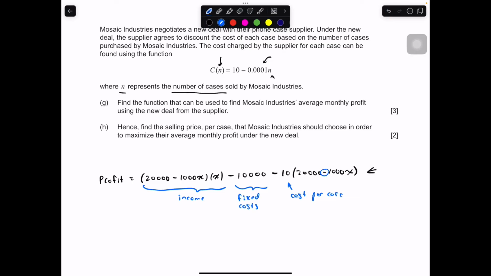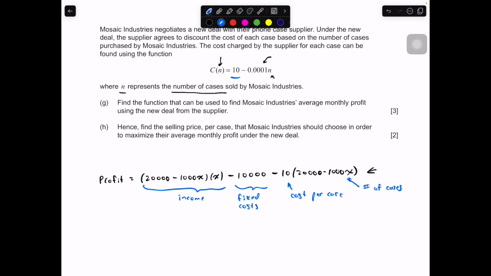And this right here, I'm going to clean it up. This was equal to the number of cases. And so the only thing that's changed is that the cost per case is no longer $10.